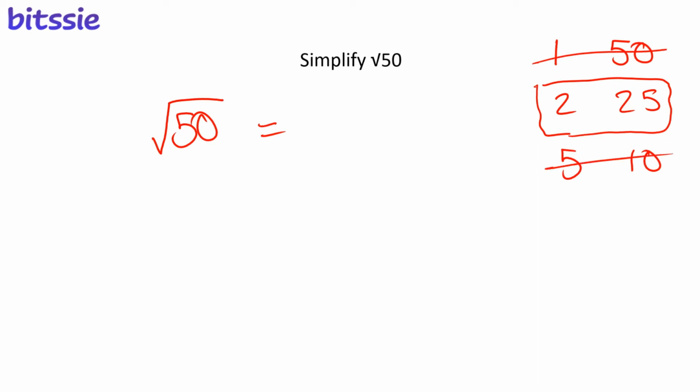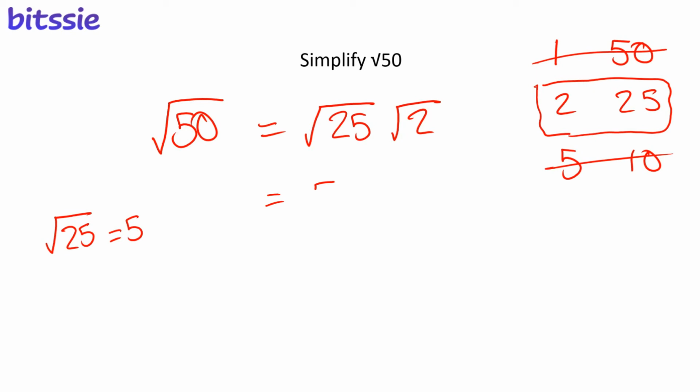So we can get rid of the other two. And as per usual, we write our square number first. So root 25, then root 2. And since the root of 25 is equal to 5, we can write this as 5 root 2. There's our simplified form of root 50.